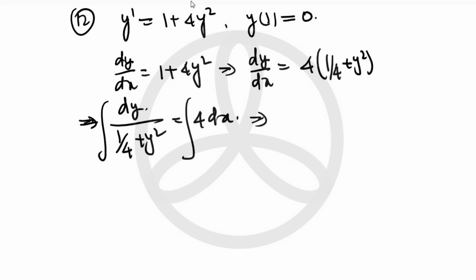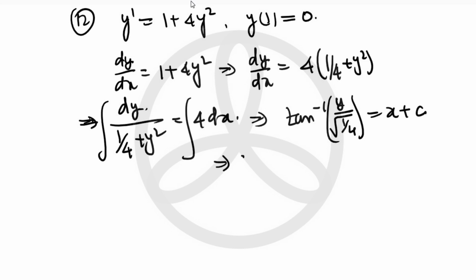So this we get tan inverse of y over the square root of 1/4 = x + a constant of integration c, and this will give us tan inverse of 2y = x + c here. Now what does it say?